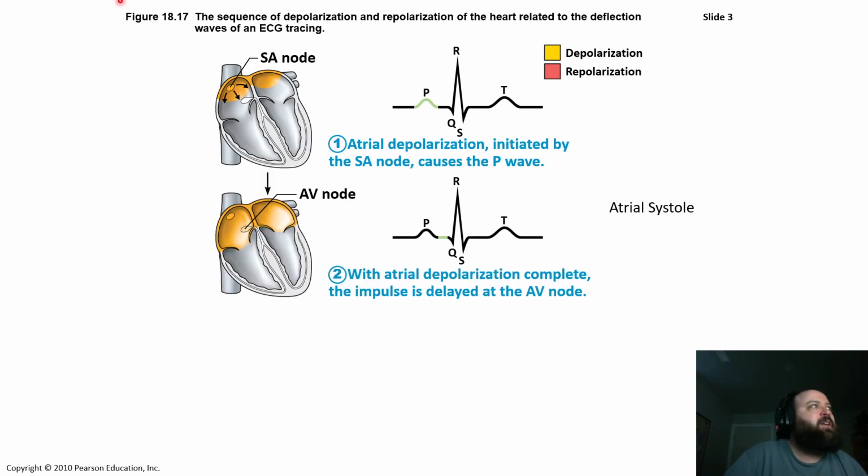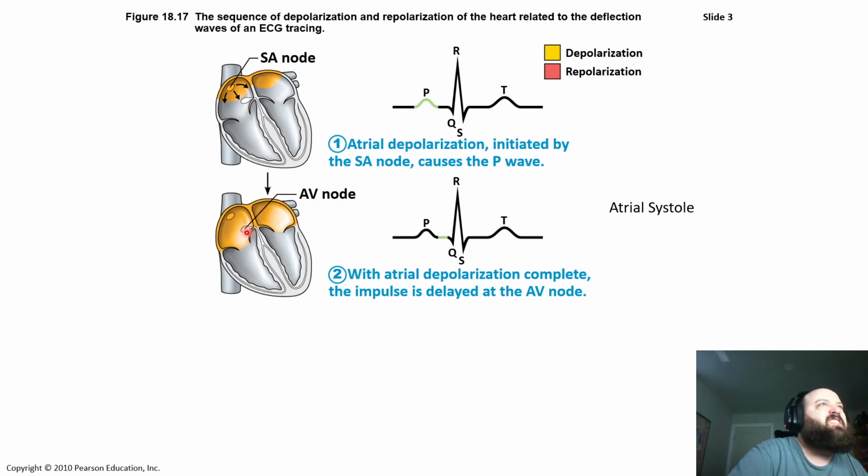Now in this picture here, you can see the action potentials in yellow. The depolarizations are spread out all the way through the left and the right atria. Now, of course, we're seeing that the action potentials have arrived at the AV node. Here it is at the superior most region of the interventricular septum.